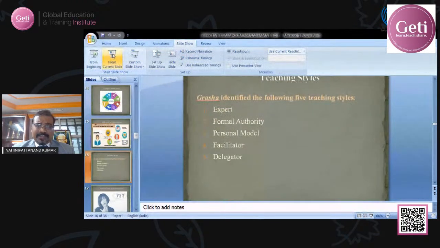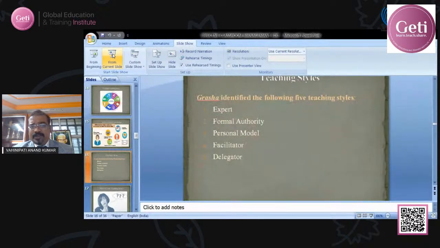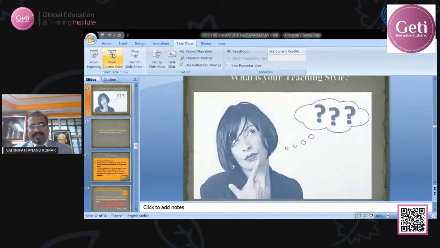Similarly, teaching styles are also equally important. There are five types of teaching styles: expert teacher, the formal authority, the personal model, the facilitator, and the delegator. We'll not go into the details of this, but every teacher can know what his or her teaching style is from this link.